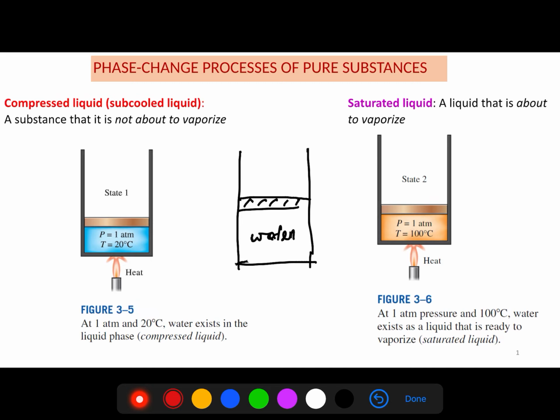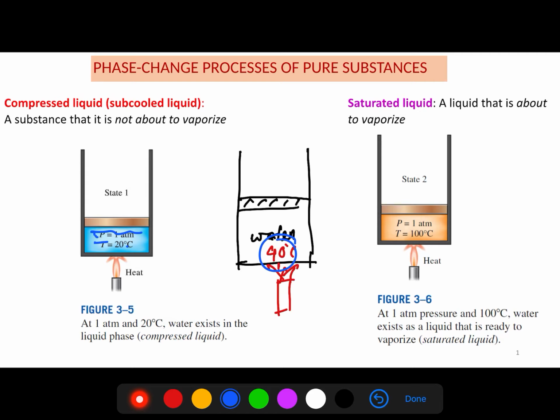If we increase the temperature to 40 degrees centigrade, so if we put some energy at the bottom of this cylinder, what will happen? The temperature will increase and the liquid water will expand a little bit, not that much in this case.